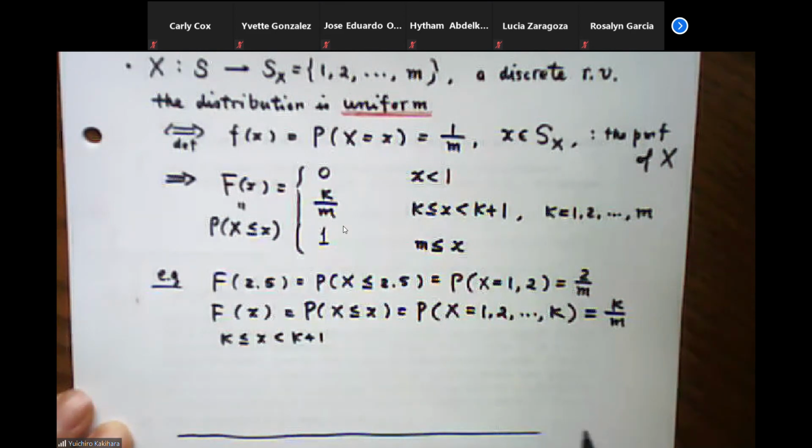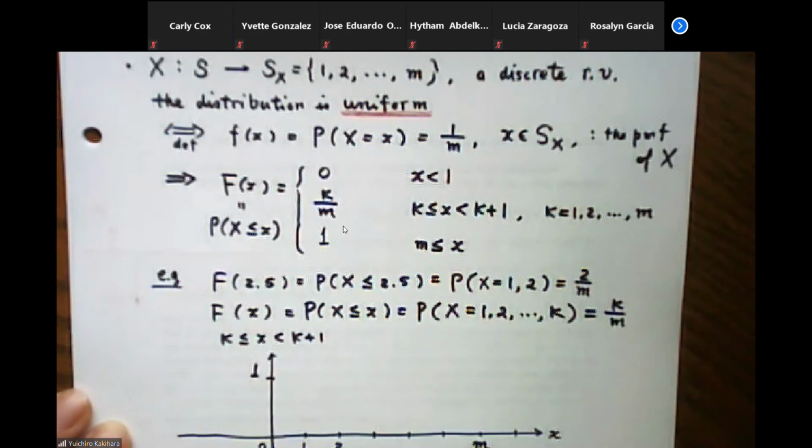Graph. 1, 2, 3, 4. Say this is m. This is 1, this is 2, and so on. 0. As you notice, 0 is the minimum value and 1 is the maximum value. So 1 is somewhere here.